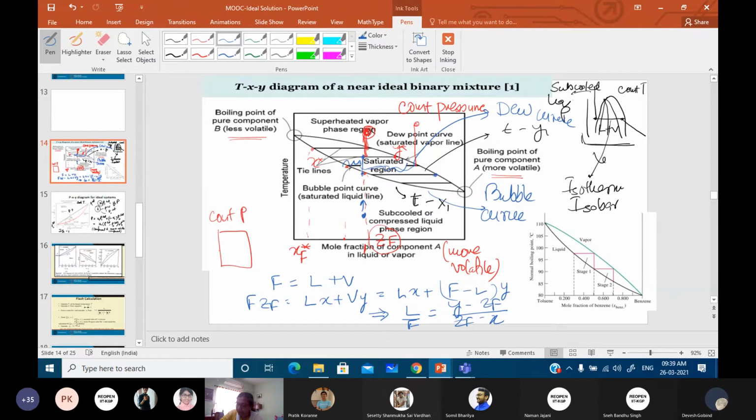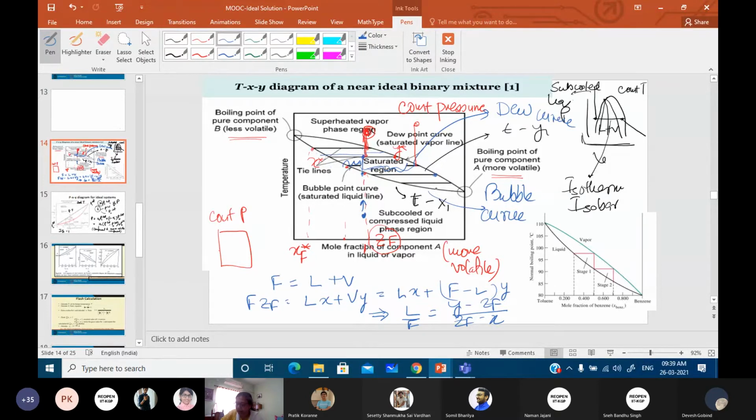As you go further, the liquid portion decreases and the vapor portion increases. Finally, when you come here, the liquid portion is very less and the vapor portion is much higher. Then you come here, it is all vapor, zero liquid portion, and then you leave this part.